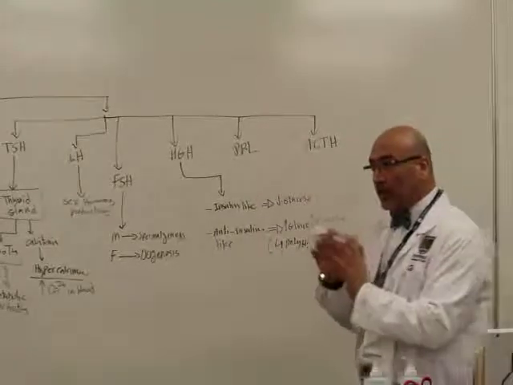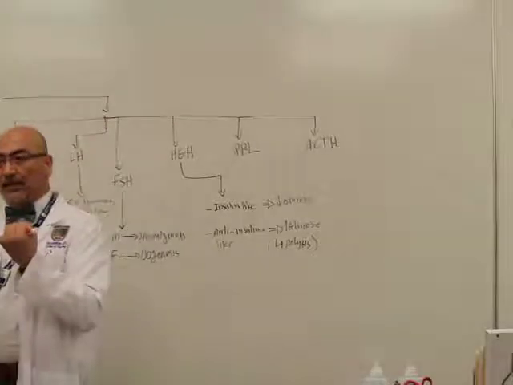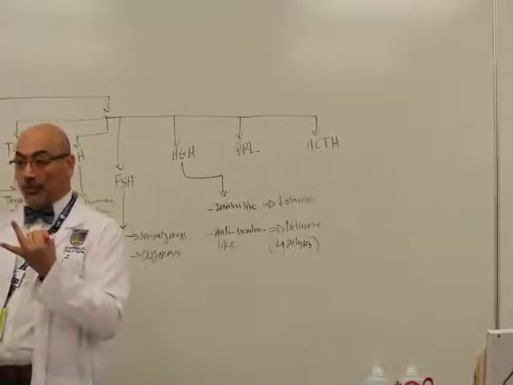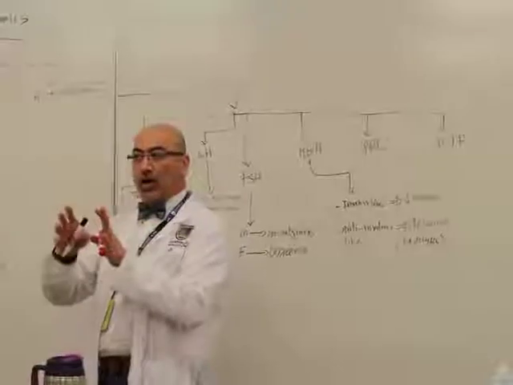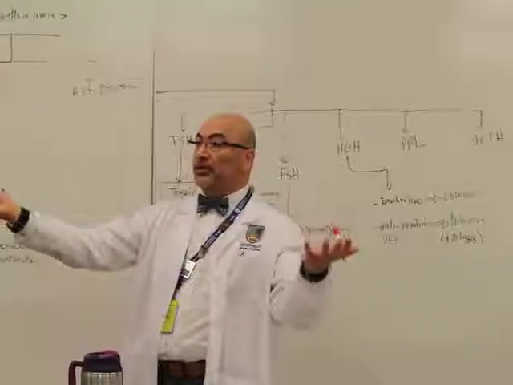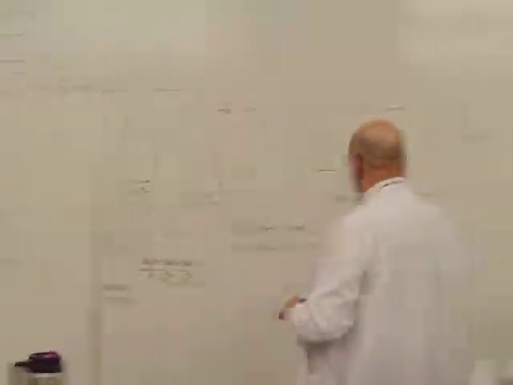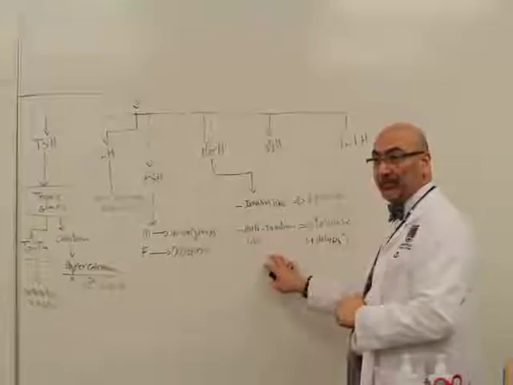We can't convert, as you recall, fat and amino acids into glucose. So we divide it into carbohydrate sources for glucose and non-carbohydrate sources for glucose that are amino acids and proteins. So that would be this right here. Okay?